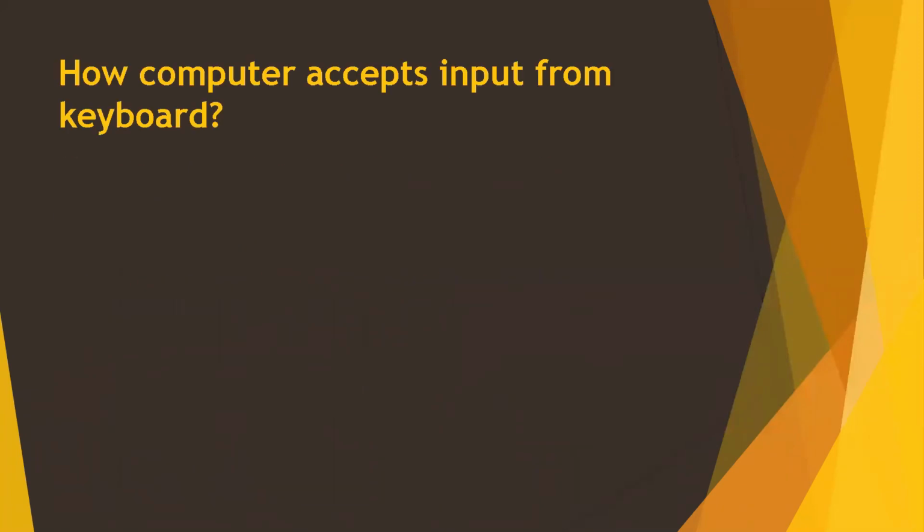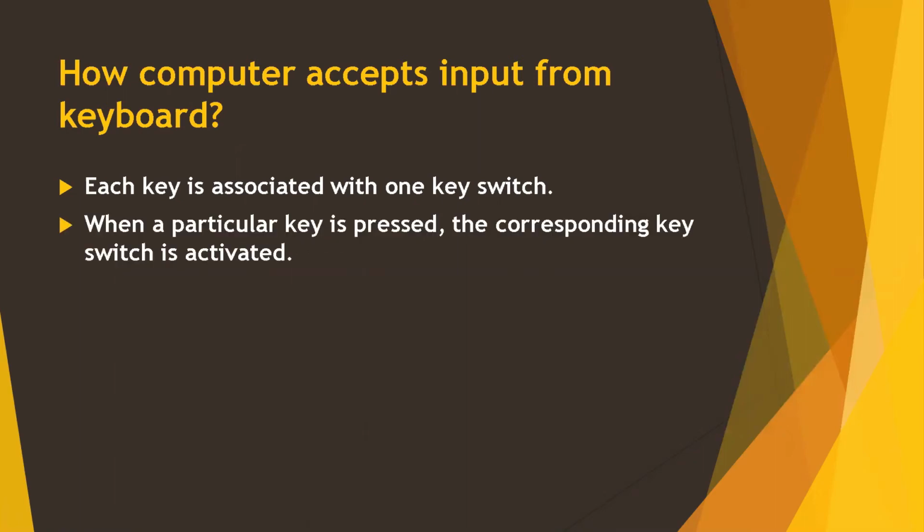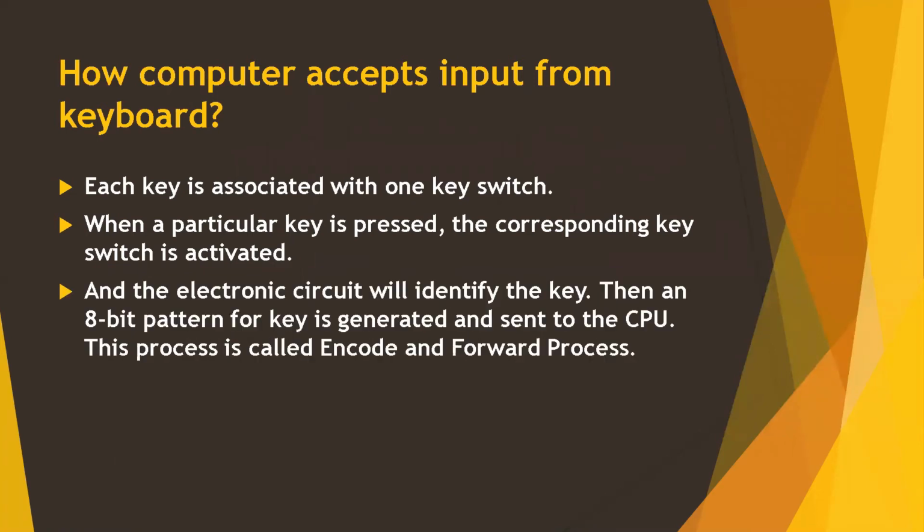Moving on, how does the computer accept input from the keyboard? Each key is associated with one key switch. Whatever key you see on the keyboard is associated with one switch. When you press a particular key, that key switch is activated.